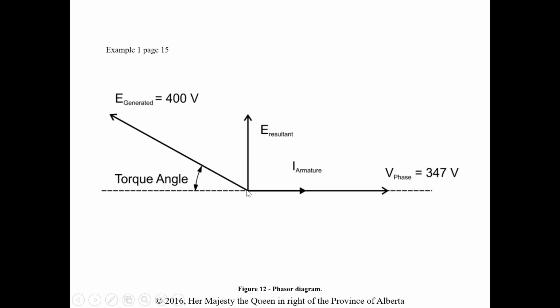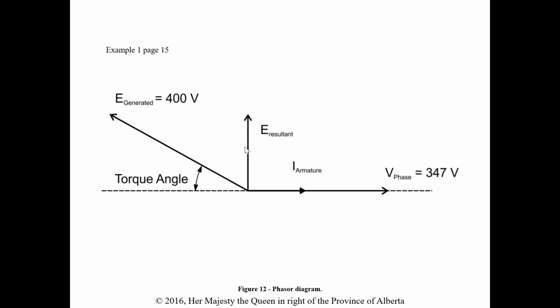Then we're going to get the current of the armature based on the resultant voltage from adding these together. So we're going to take 400 volts. If this is 30, we subtract that from 180. It'd be 400 at 150 plus 347 at 0, and that's going to give us our resultant voltage. Then we take that divided by our impedance, and we'll get the current going through the armature.